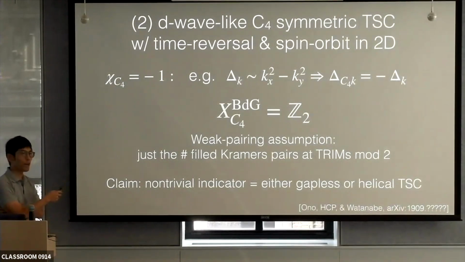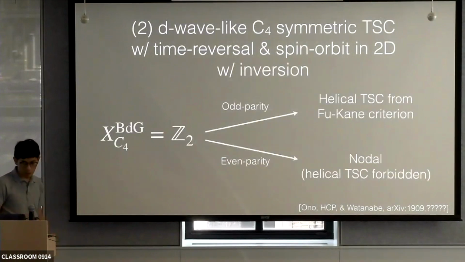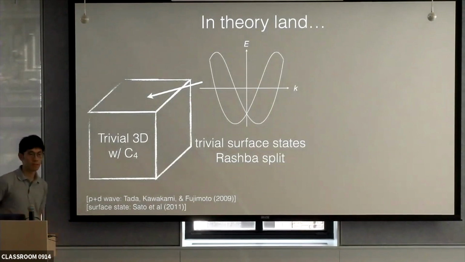Whatever you can proximitize by S wave, if you don't break the symmetry, will be in the same channel as the S wave. So it doesn't give you any possible topological superconductors that can be seen this way, at least. That's why I start with D wave, because D wave will have a channel that approximates the correct channel with P wave. So the symmetry properties.